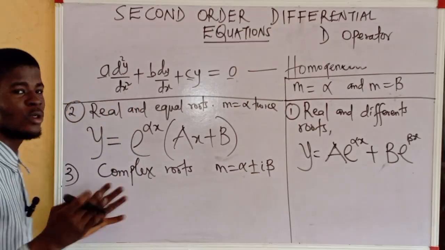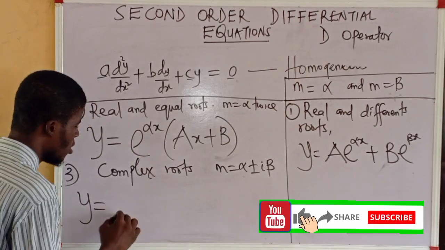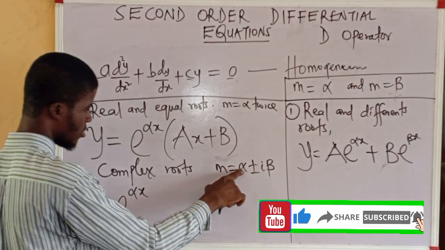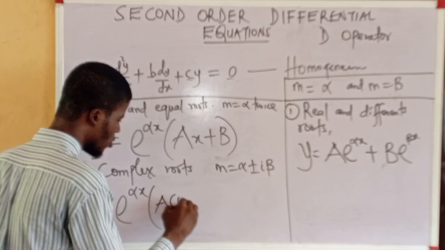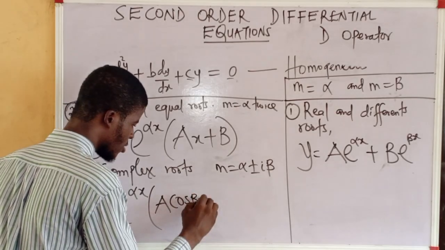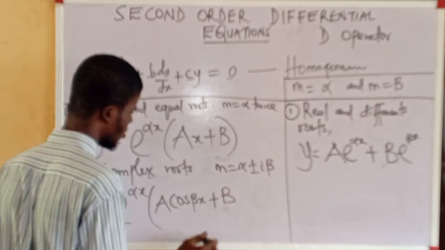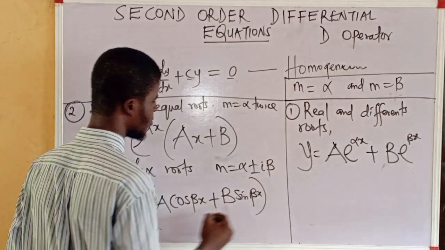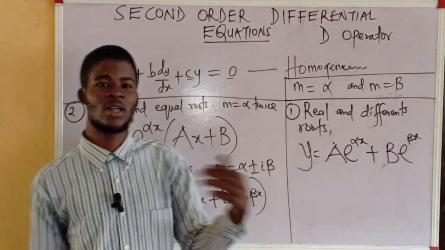What would be the general solution to that differential equation? It is this: y equal to e to the power of alpha x, into a cos beta x plus b, this is b, not beta, sine beta x. A and b, as we have it here, are constants.